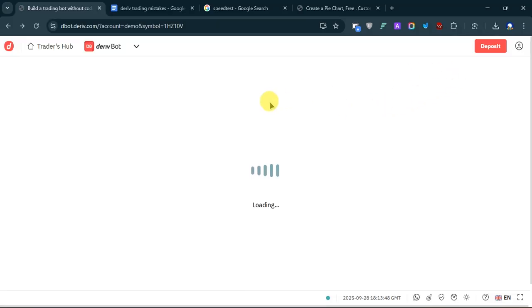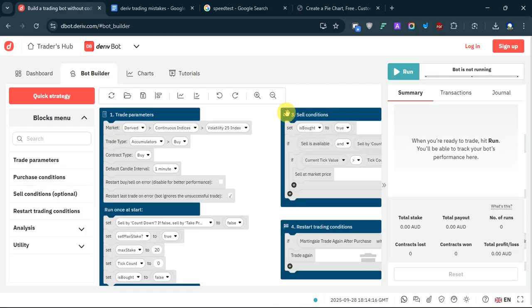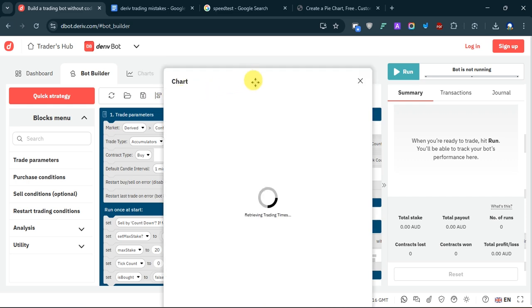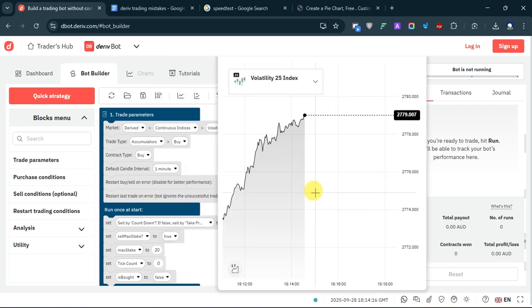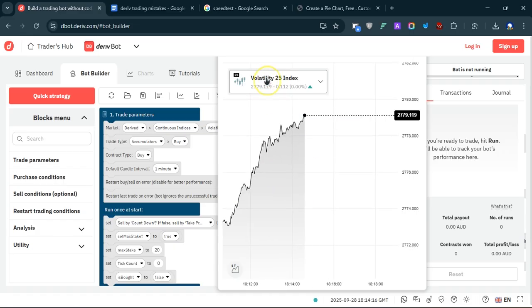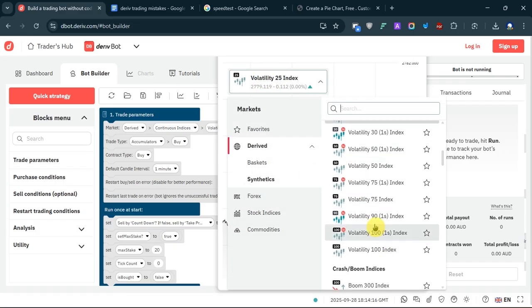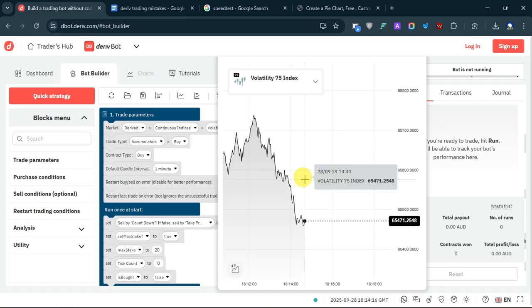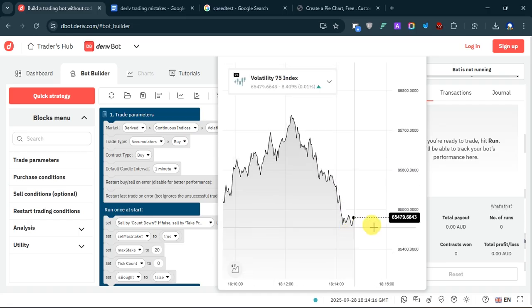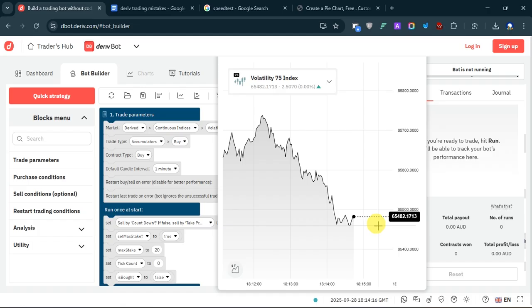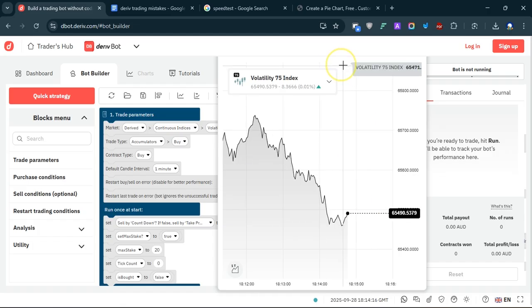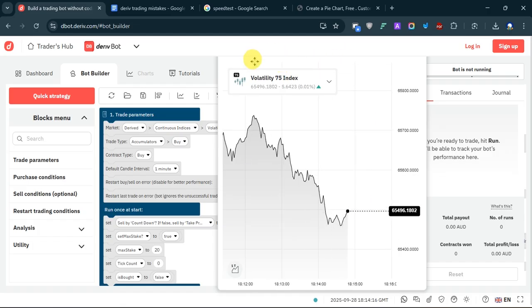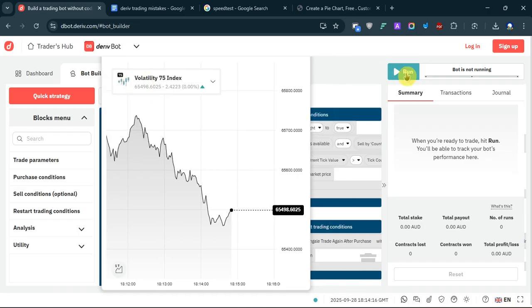So here I have the bot. On this bot, as I am trading, I may open a chart, and then on this chart, let's say that I am checking the markets, and I see that volatility 75 is the one that is doing good. But instead of confirming, what do I do? I just run the bot.